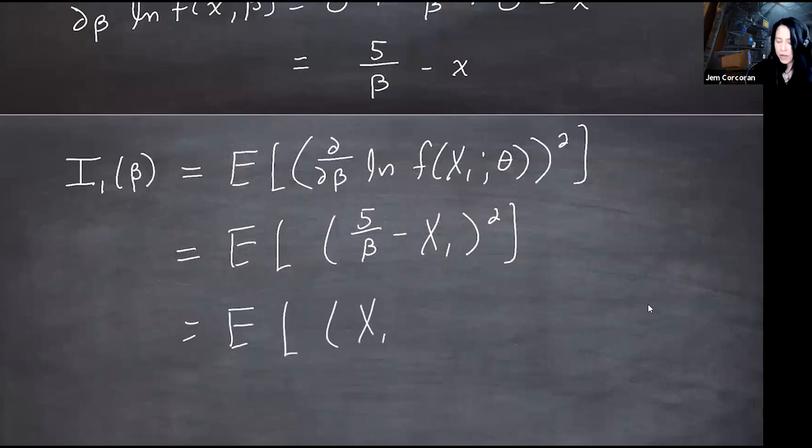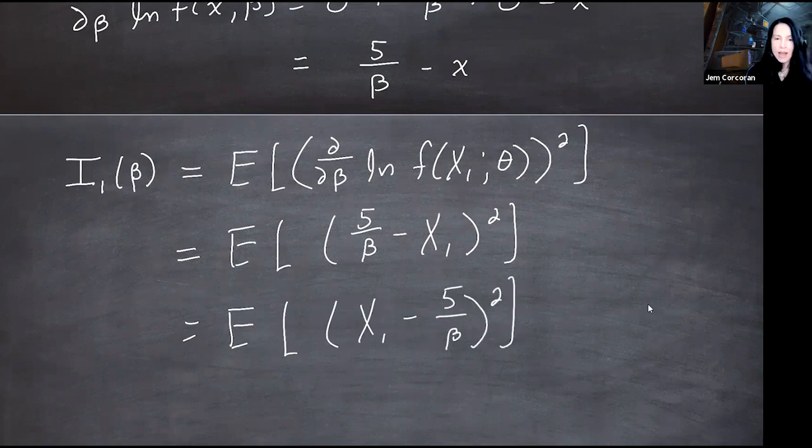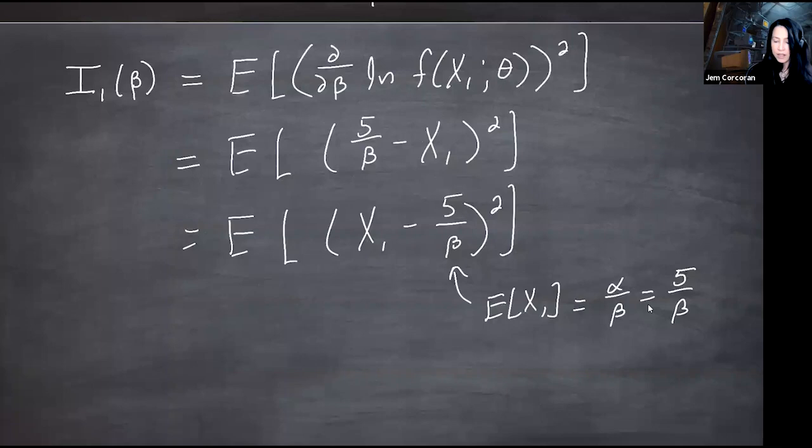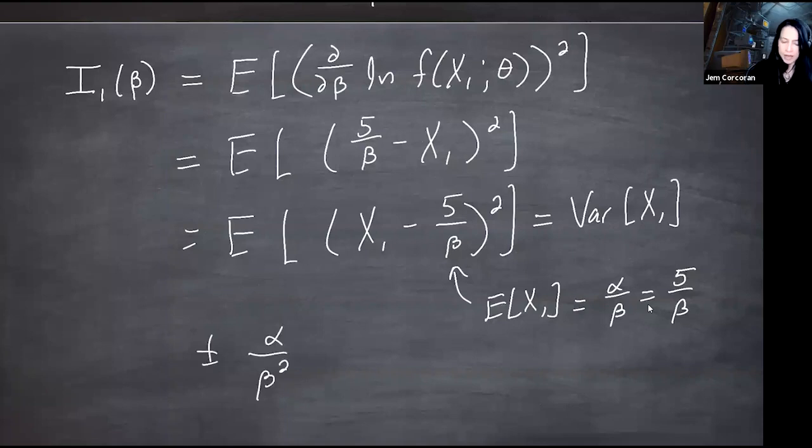This is x1 minus 5 over beta squared, and this is the expected value of x1, because that's going to be alpha over beta because x1 had a gamma distribution, but alpha was given to be 5 here. So this whole thing is the variance of x1. And if you look up the variance for the gamma, that is alpha over beta squared. So we get 5 over beta squared.